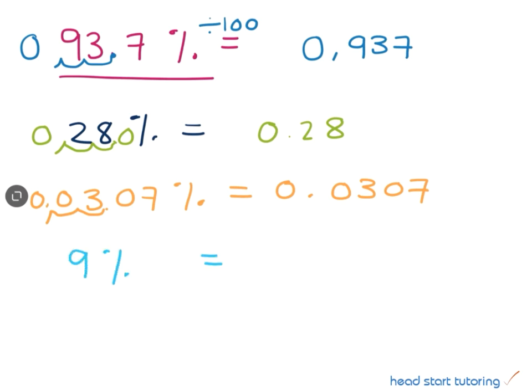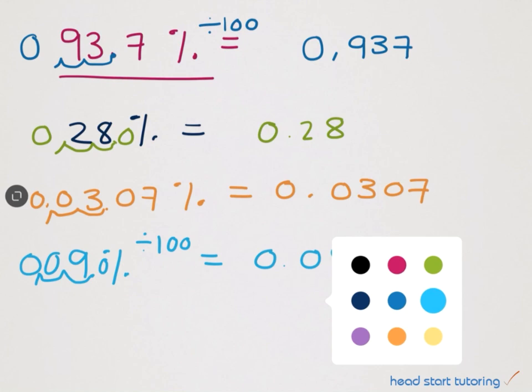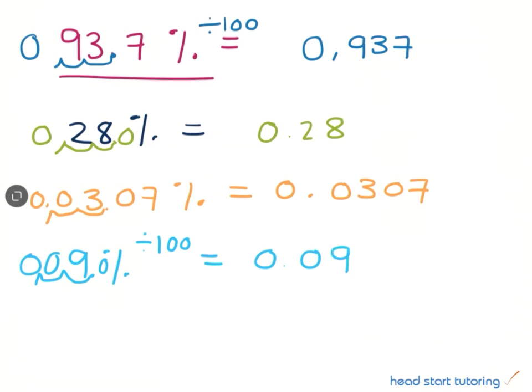9% as a decimal, again, I just need to divide by 100. So I put my placeholders in, and I divide by 100 to get 0.09. 37.5% as a decimal, again, I just need to divide by 100.